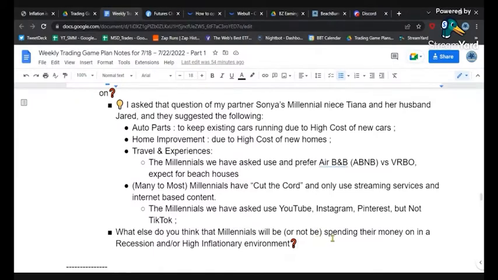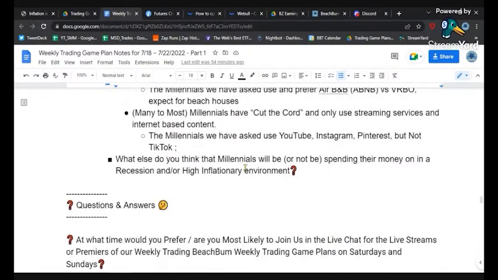Where do they spend their money? Where do they not spend their money? And how's that going to change as there's more pressure with inflation, recession, if they lose their jobs? Where are they going to continue to spend money? Where are they going to stop? Because millennials are either the largest generation or the second largest to the baby boomers.